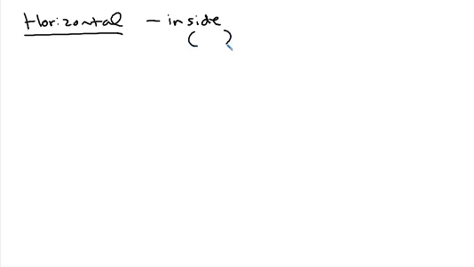Now let's talk about horizontal transformations. All right? What I want you to note about horizontal transformations is they are inside. When I say inside, I mean inside parentheses. And opposite.